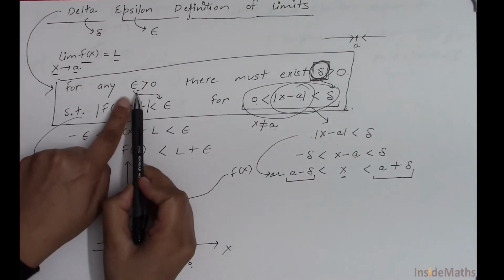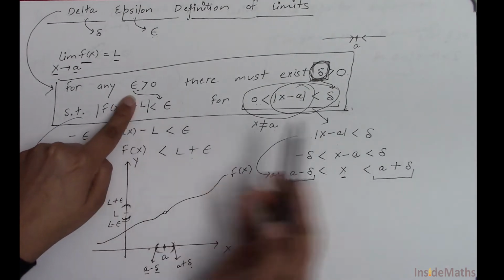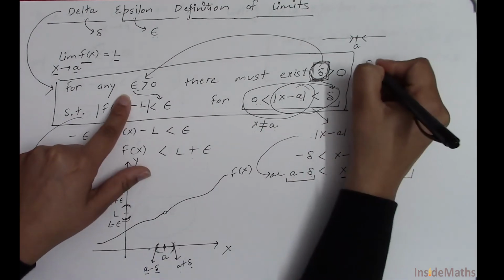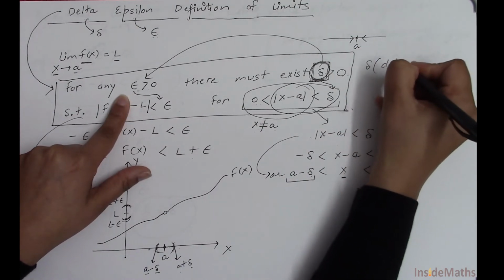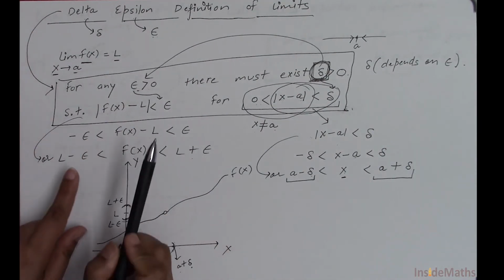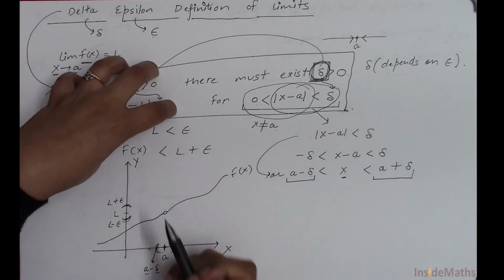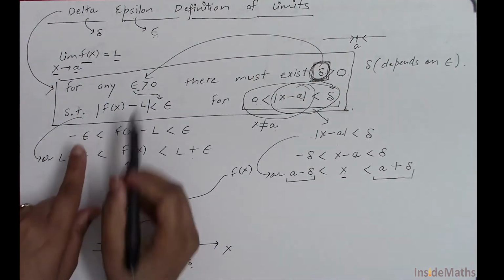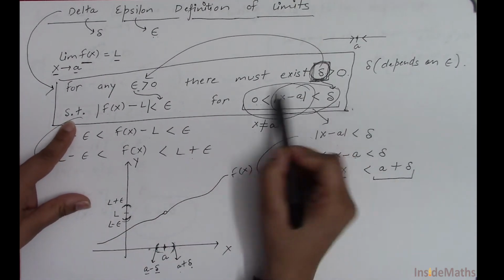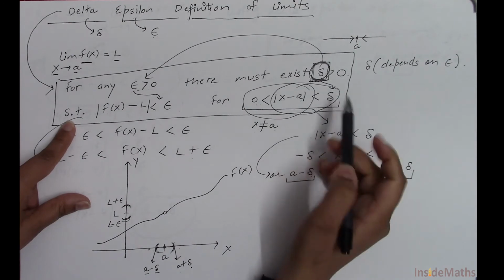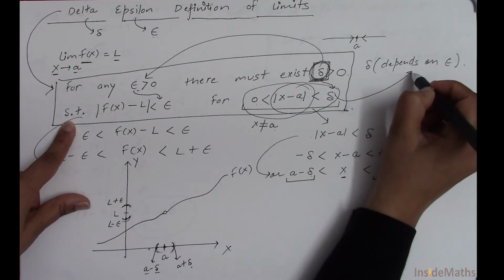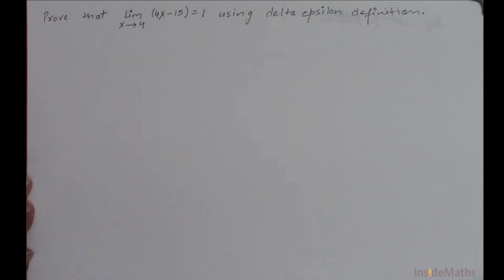Because we are going to take any epsilon, the value of delta will depend on this epsilon. So delta depends on epsilon. We'll take this part and we'll reach this part. For any given epsilon, if this inequality holds, then this inequality must hold, and we should be able to find one delta which depends on epsilon.